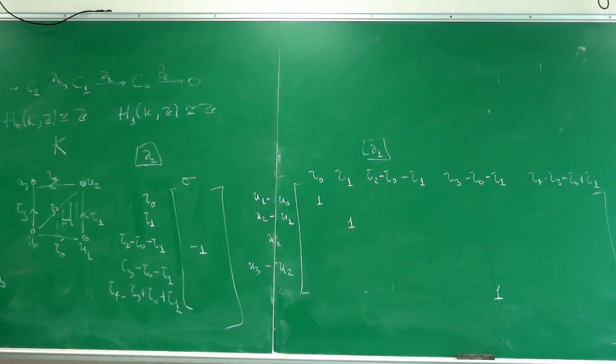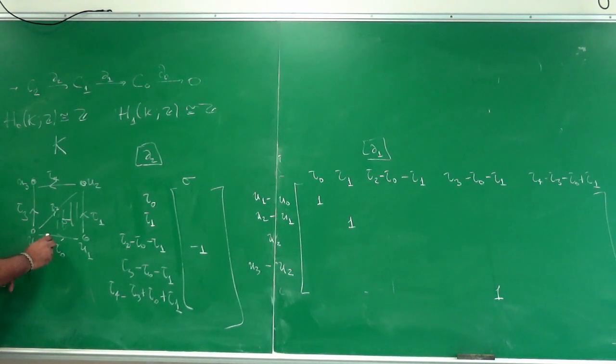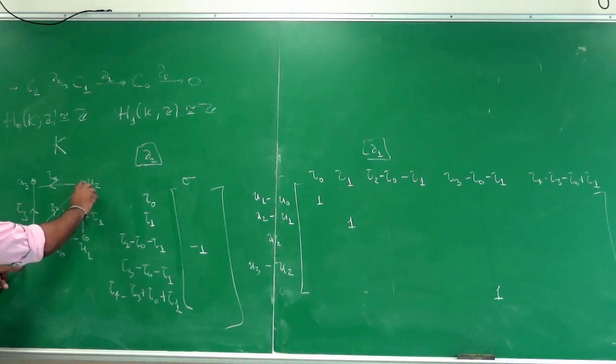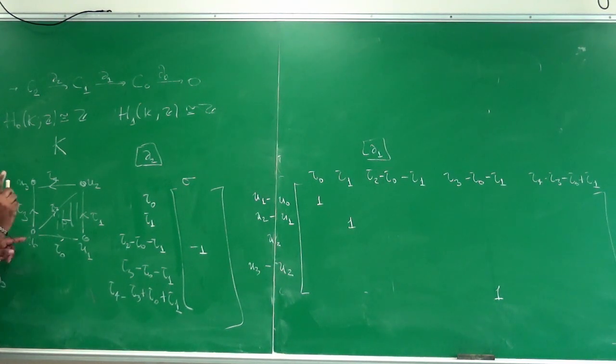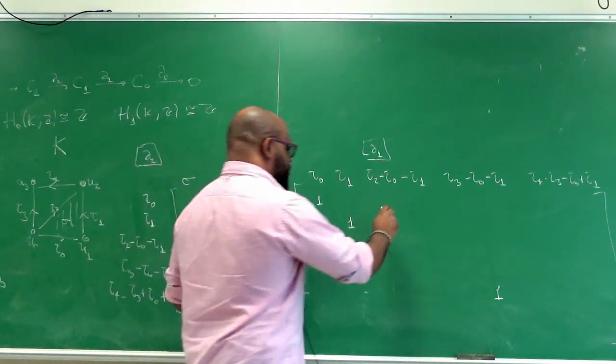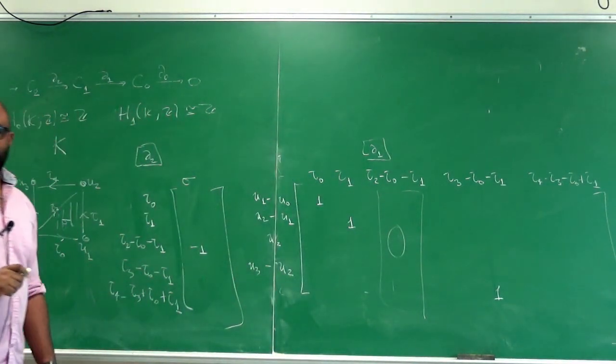Okay, so we have tau 0 minus tau 1, tau 2 minus tau 0 minus tau 1, right? So that is tau 2 minus tau 1 minus tau 0. So we're computing everywhere where it's a one chain whose boundary is 0. Right?